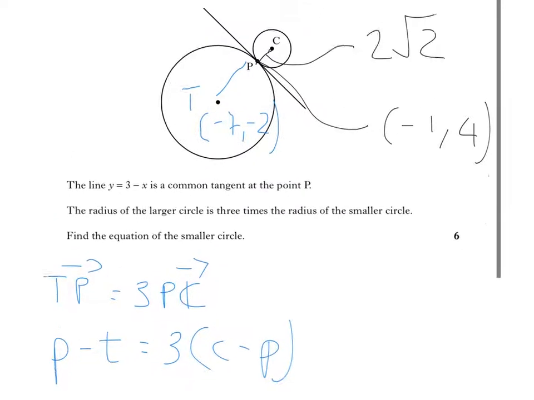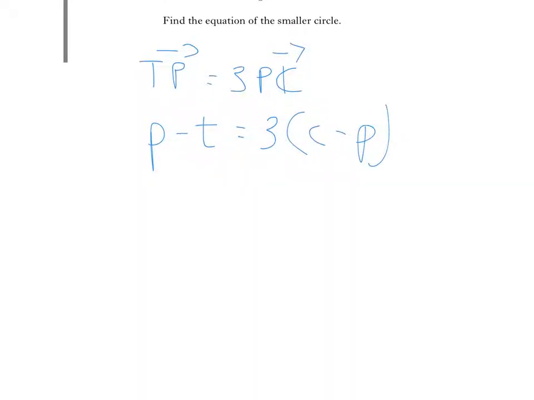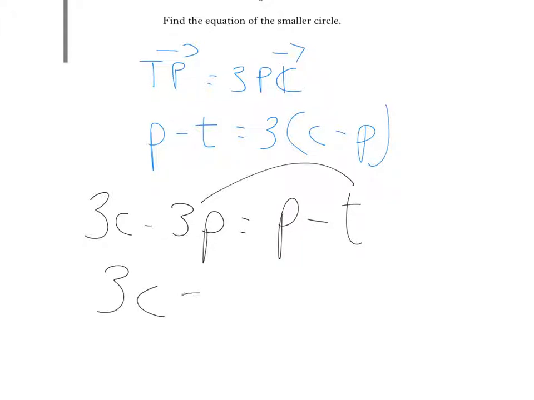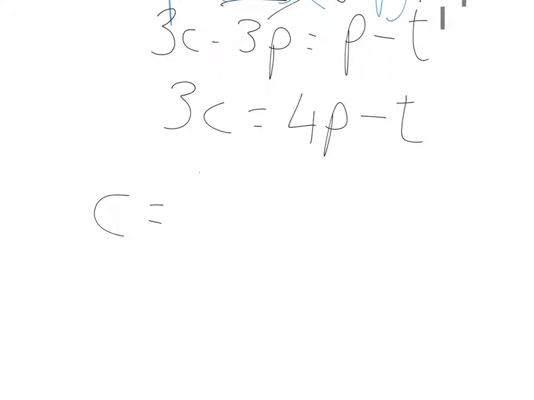Now the object of the exercise here is to find the circle centre C, so I'm going to eventually try and change the subject of the formula to C here. I'm just going to swap this round, so it's going to be 3C minus 3P is equal to P minus T. I'm going to bring that across, and 3C would be equal to 4P minus T, and C would be equal to 1/3 of (4P minus T).